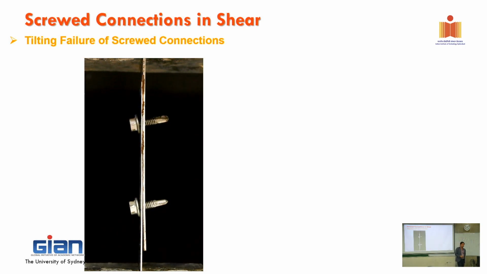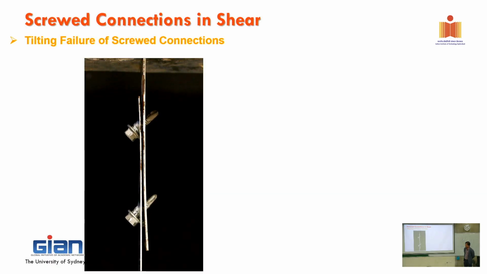There's no bearing of the plate, but the screw just starts tilting when it gets to the maximum. They just keep tilting, and then it fails. So that failure mode is called tilting failure. That's very popular in cold formed steel.